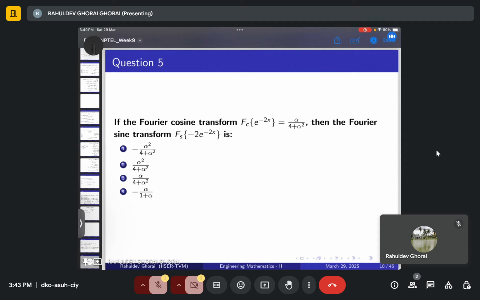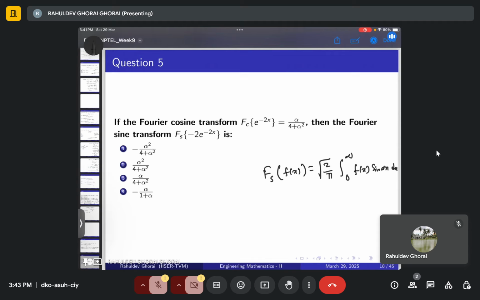So mainly, the Fourier sine transformation F_s of f(x) is given by square root of 2 over pi, integral from 0 to infinity of f(x) sine alpha x dx.